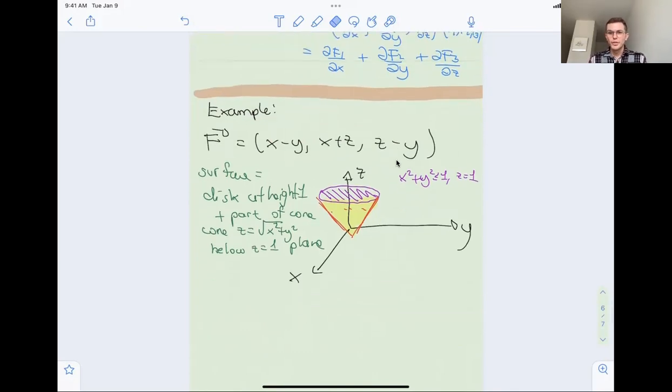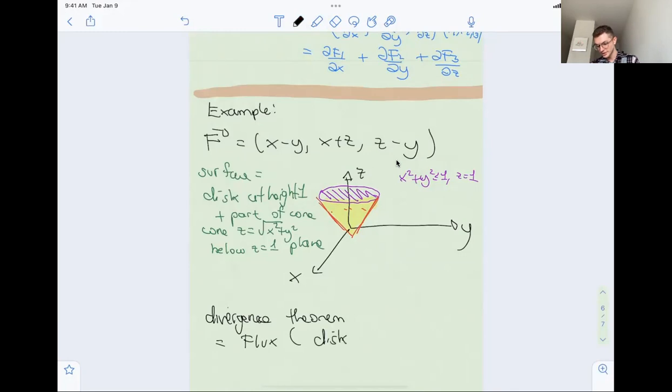But what the divergence theorem says is that if you wanted to find the flux of this surface, which is the disk plus cone, it's important to understand that it refers to the flux for both pieces. So what this is saying is the flux of the disk plus the cone part.